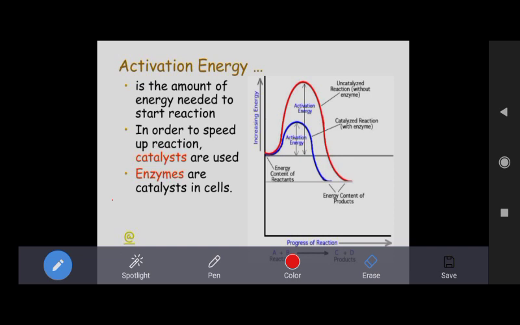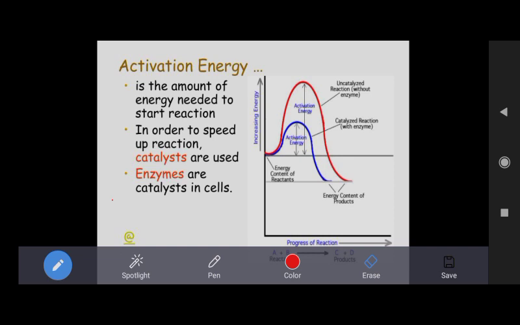Activation energy is the minimum amount of the energy needed in a chemical reaction for the reactants to get converted into product. Now, we say enzyme accelerates the reaction. For the reaction to begin, energy is required. And this energy required is called activation energy.